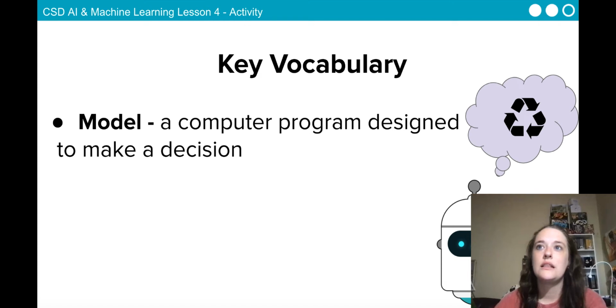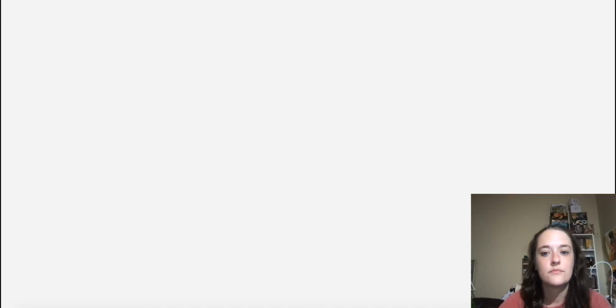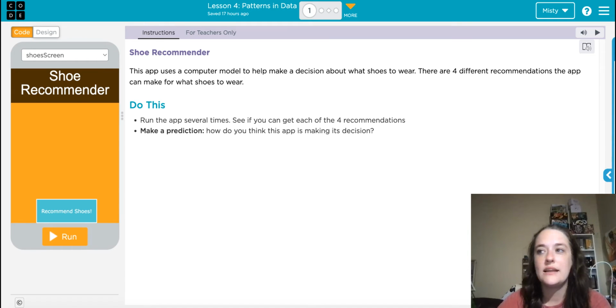So let's go ahead and download the Patterns in Data Activity Guide, and let's go to Code Studio. Before we complete anything on the activity guide, we're going to look at Lesson 4, Level 1, and it's going to look like this.